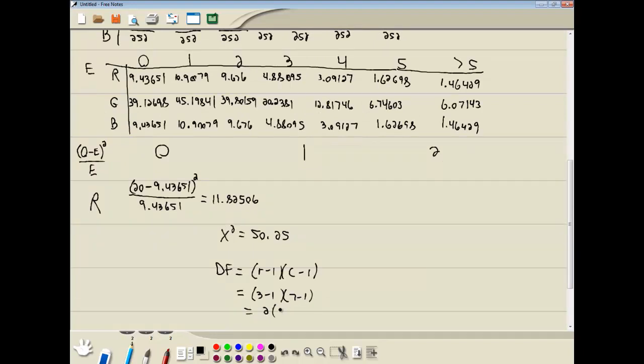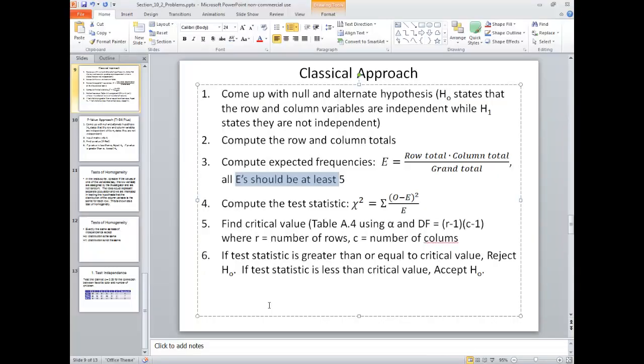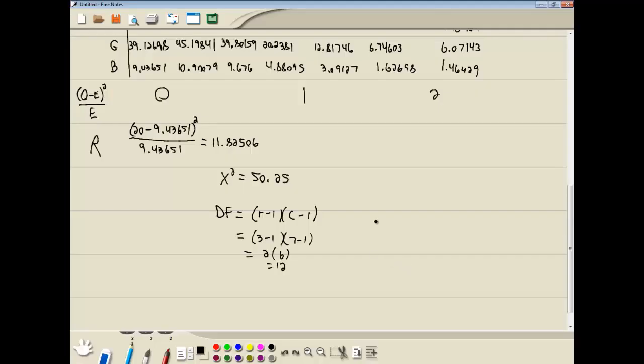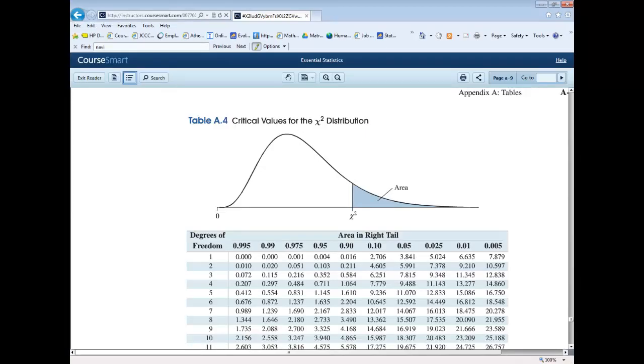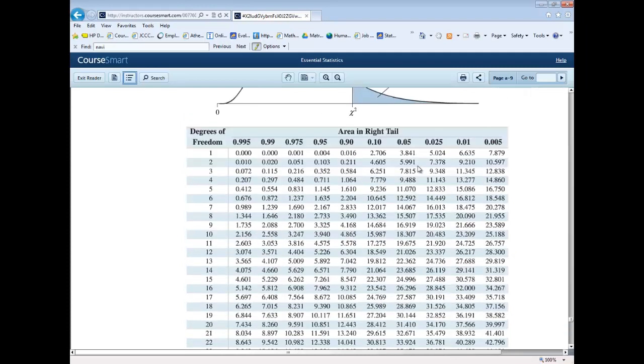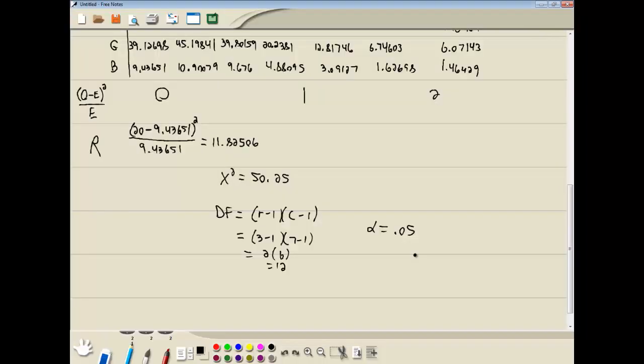It's going to give us 2 times 6, which is 12. And using alpha, alpha is 5%. Let's go look that up in the book. 5% for 12. There's 5%. Go down to 12. And it's 21.026. So the critical value is 21.026.